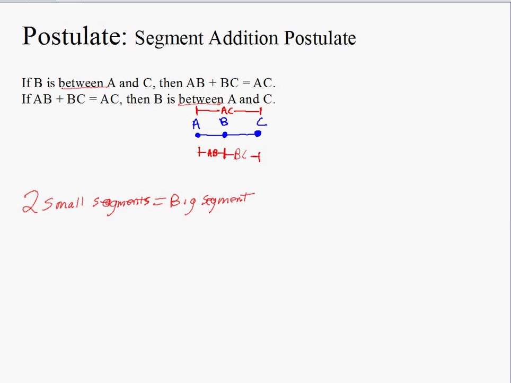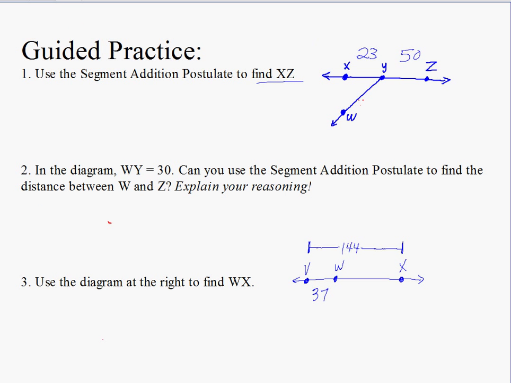All right, let's get a little guided practice going. Go ahead and draw your diagram first. It says here, use the segment addition postulate to find XZ. Let's write this in blue, guys. Big segment is equal to the two small segments.